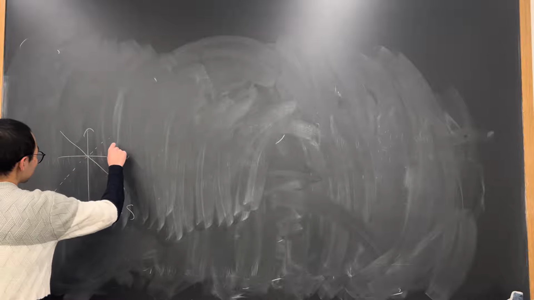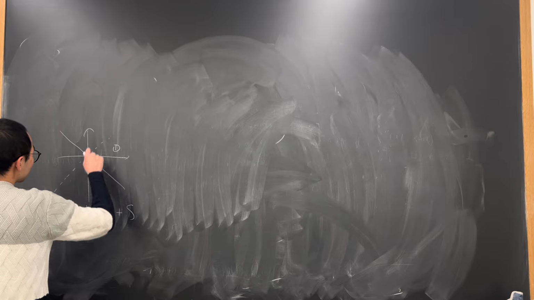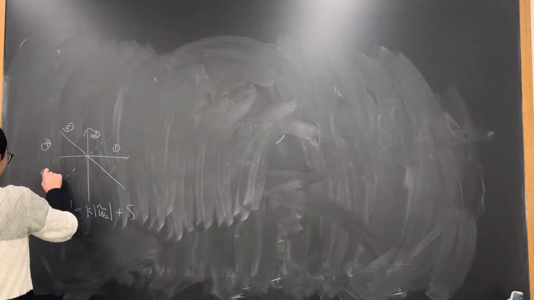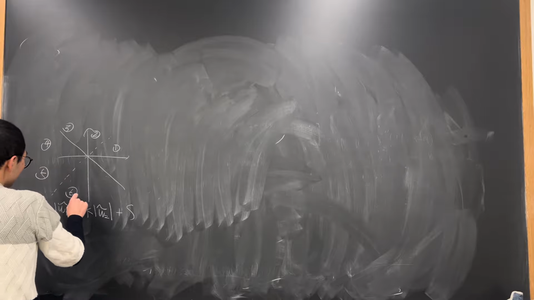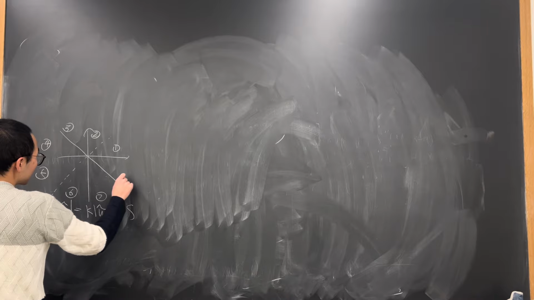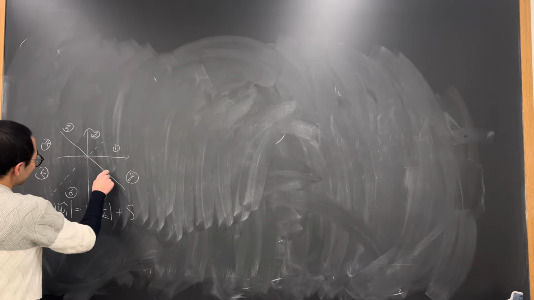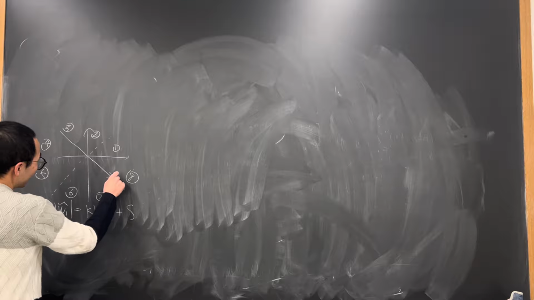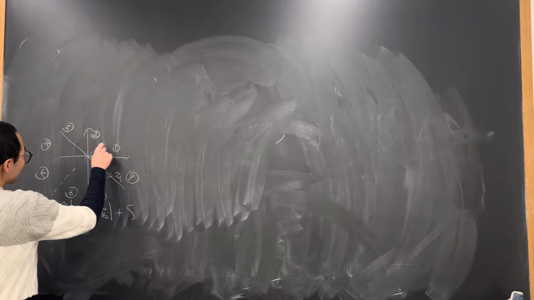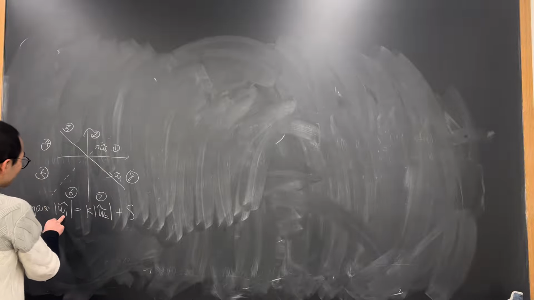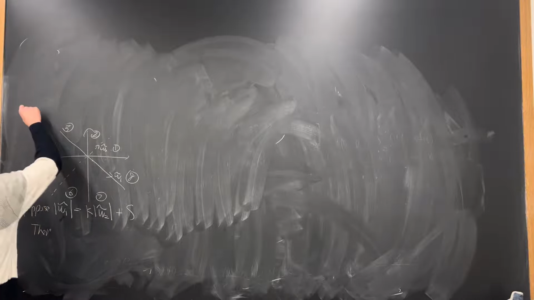So this is region 1, 2, 3, 4, 5, 6, 7, and 8. Okay, so this is my omega 1 tilde, and then this is my omega 2 tilde. And I'm assuming that the modulus of omega 1 tilde is bigger than this omega 2 tilde.